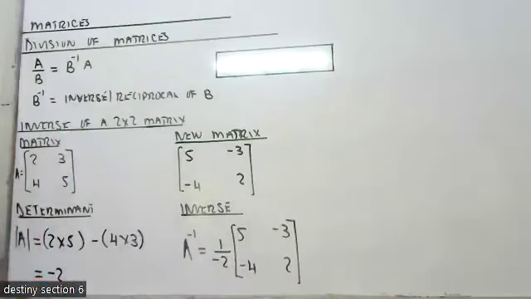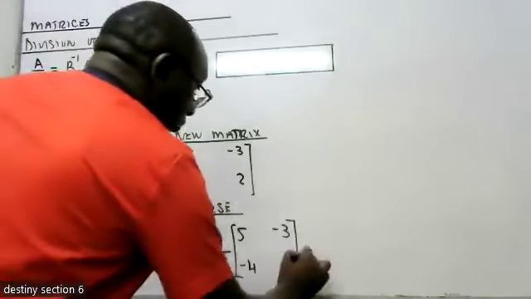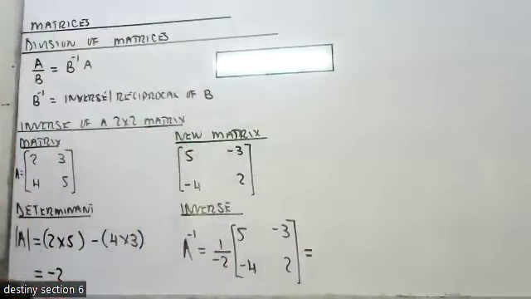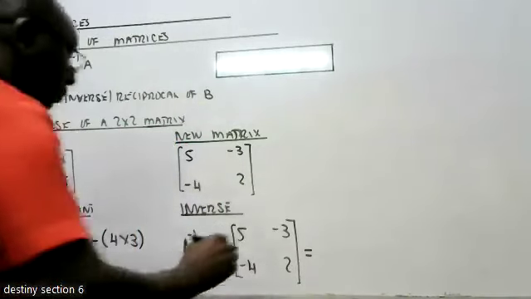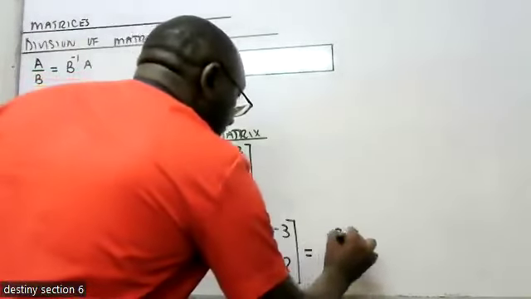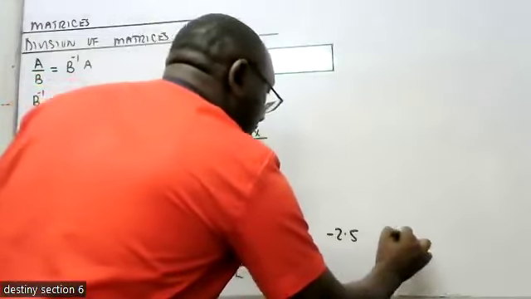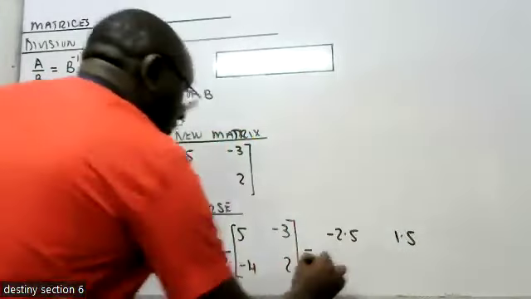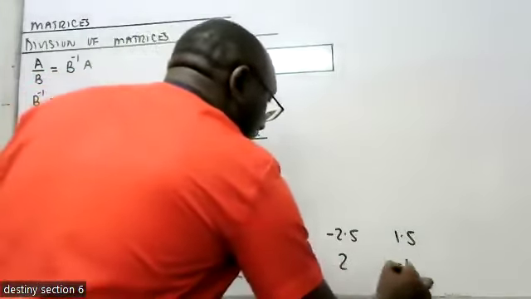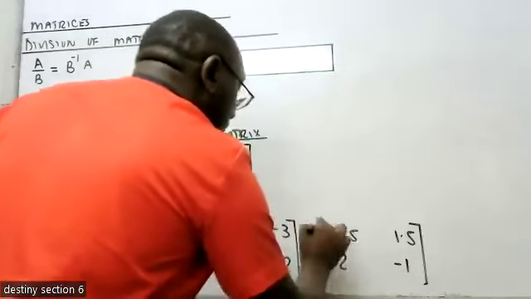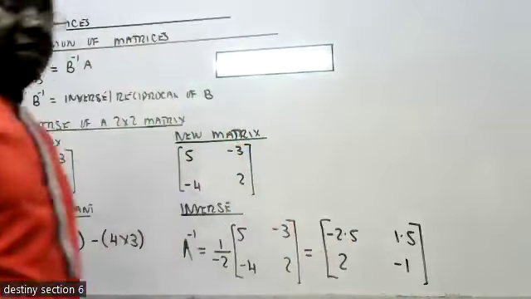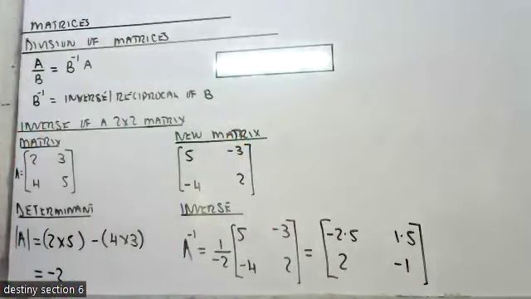You can choose to leave it this way, or you can choose to open the brackets. So if you open the brackets, this will be minus 2.5. This will be 1.5. This will be 2, and this will be minus 1. You can choose to leave it, or you can choose to open the brackets.